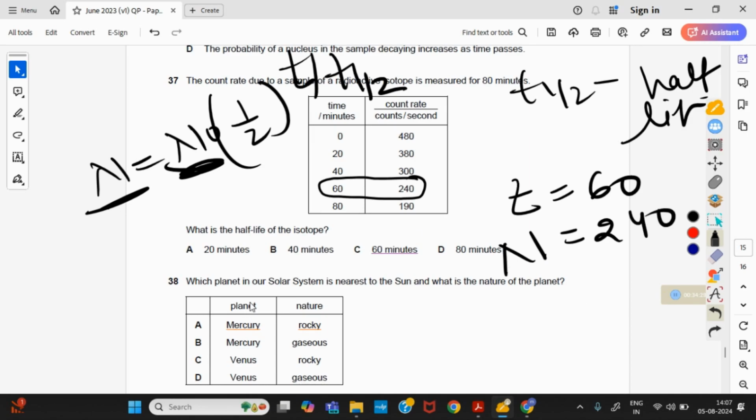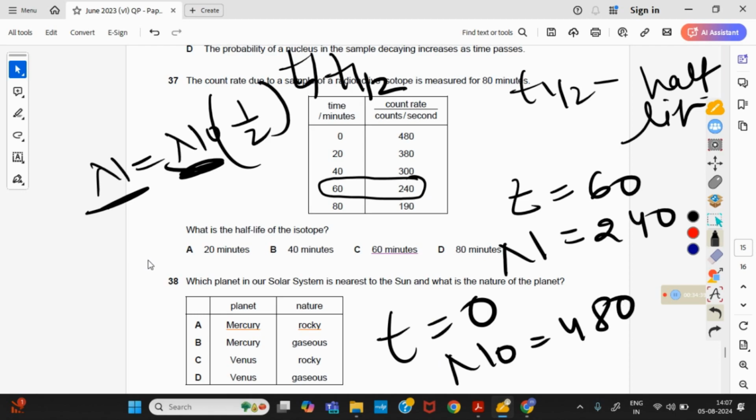When T was 0, the initial amount N naught was 480. So put everything in the formula: N is 240 after time T, so 240 is the amount left after 60 seconds.